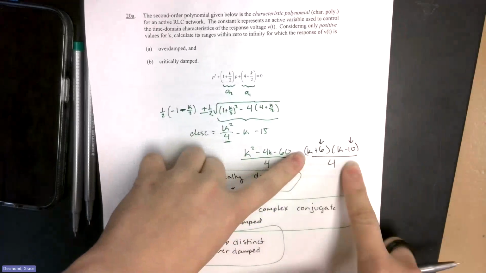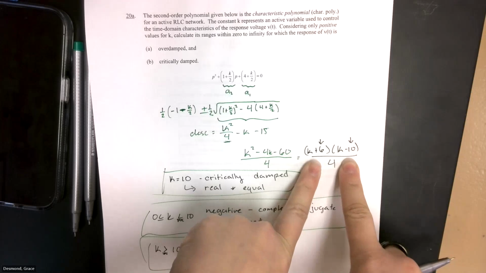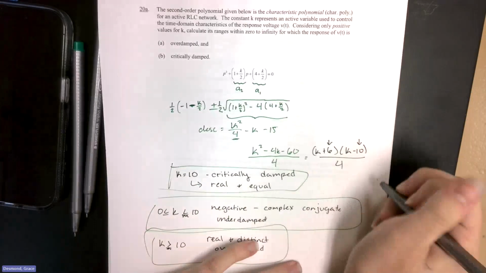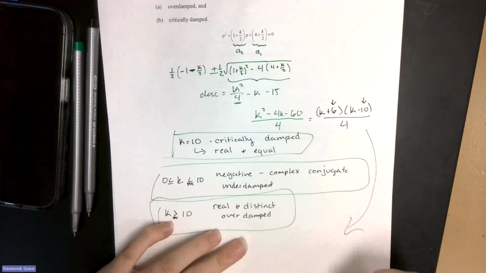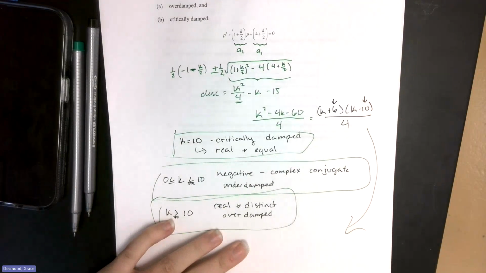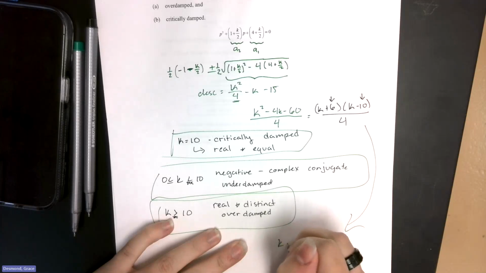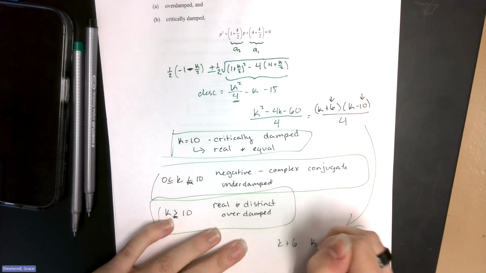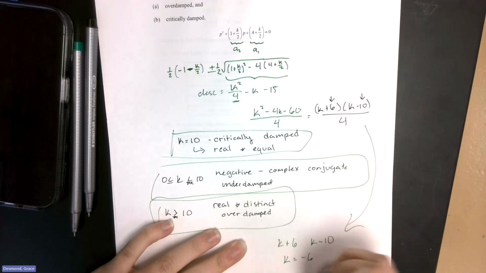So this root, let's look at this. If we do our roots, we set this equal to 0 to find the roots. So we have the 4 goes away, we have k plus 6, k minus 10, so k is equal to -6, k is equal to 10.